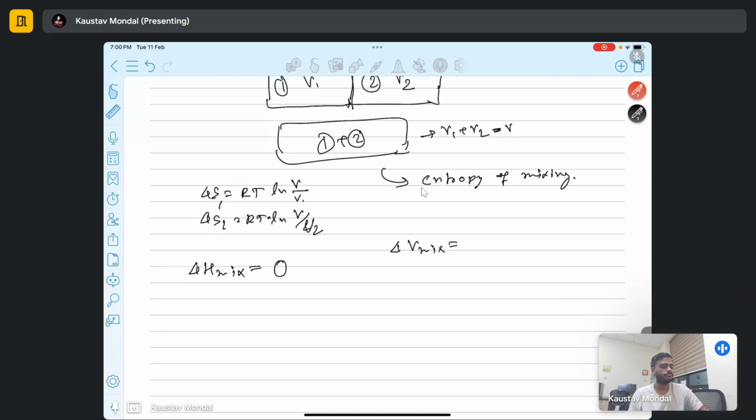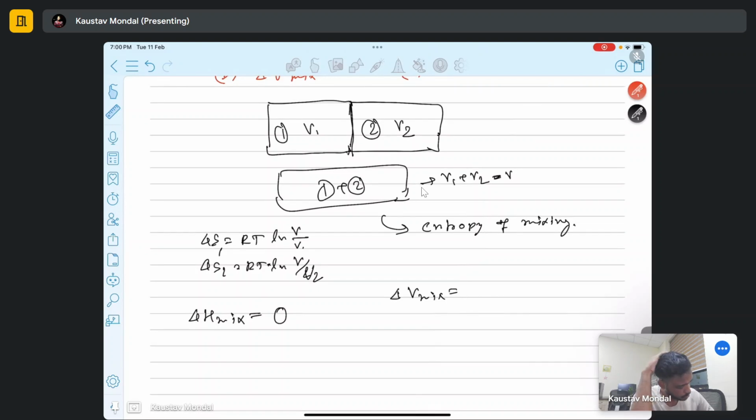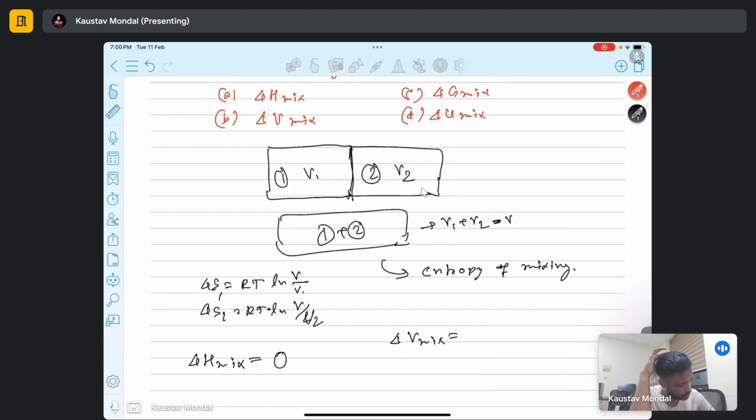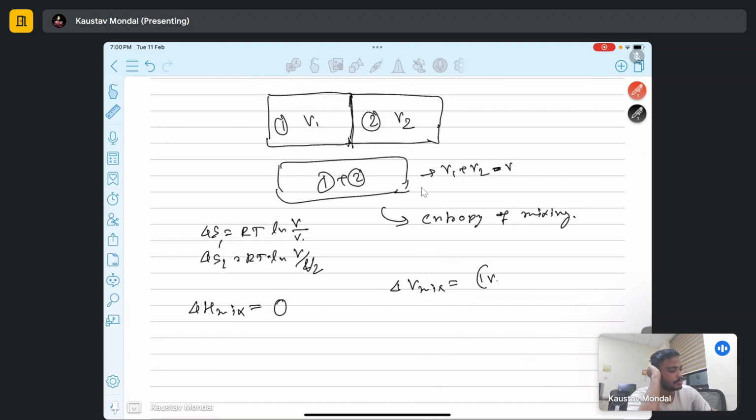Delta V is basically the volume, so the volume should remain unchanged, right? Previously it was V1 plus V2, and after mixing it becomes V, which is itself V1 plus V2. So delta V mix becomes zero. By common sense also, you can say it's zero.